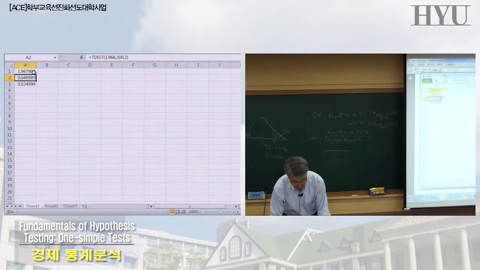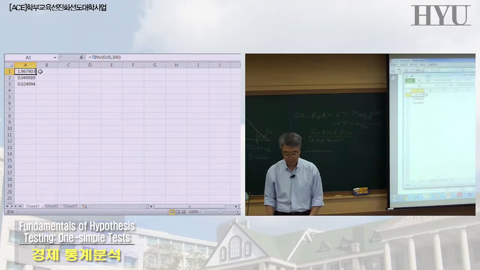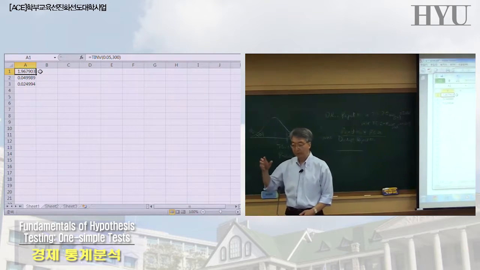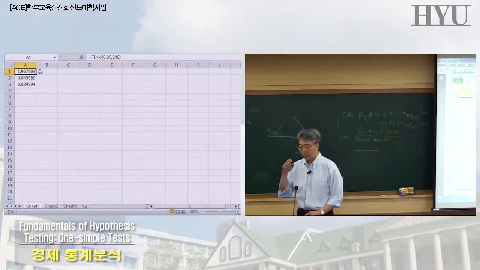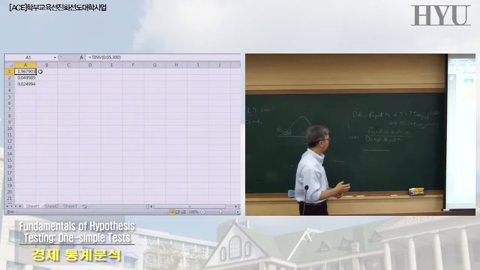TINV is used to find the t-score. In other words, if you were using the conventional approach and you have your alpha level, but you want to find the critical value.